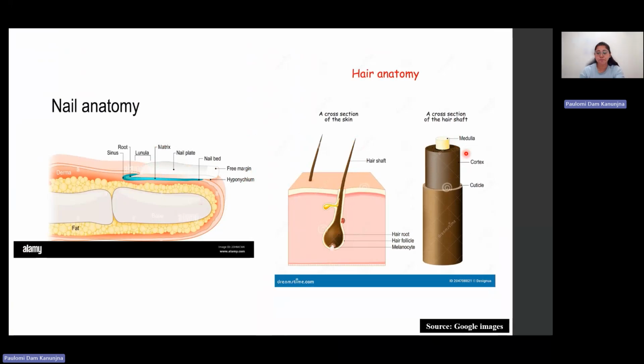Whenever we talk about the type of hair, like whether it's very frizzy or very smooth, we're generally talking about cuticle. But we also talk about medulla and hair follicles a lot. So that's why understanding the anatomy of these simple structures becomes important.